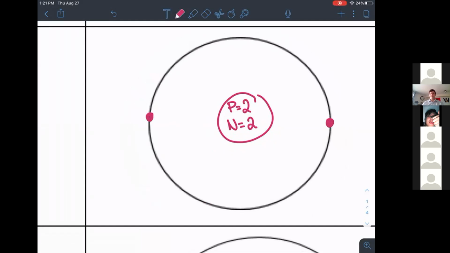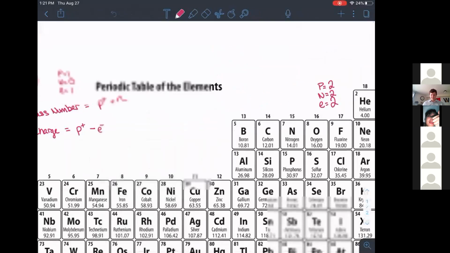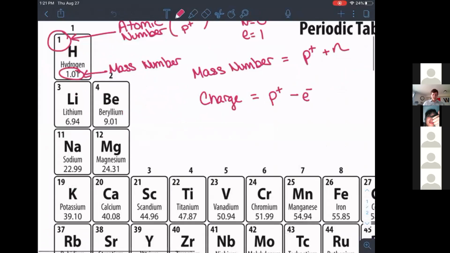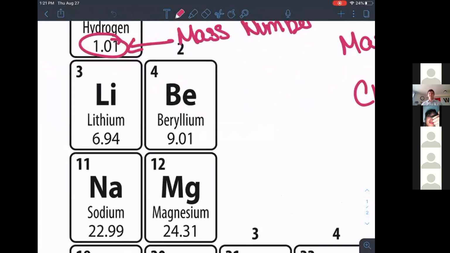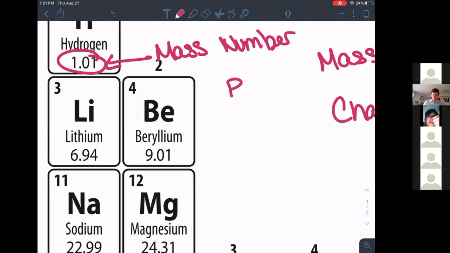All right. Now, lithium. Lithium's way over here. So let's first come up with how many protons, neutrons, and electrons we'll have for lithium. I'll give you guys another 45 seconds.